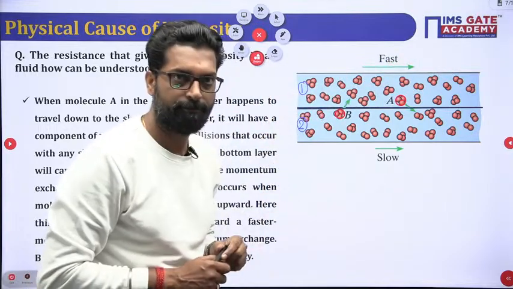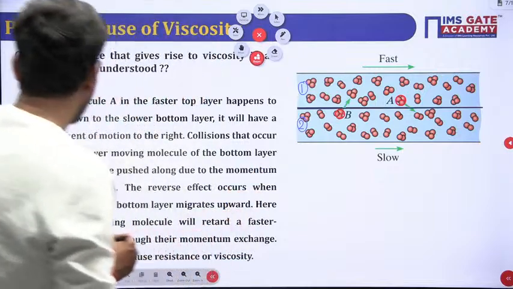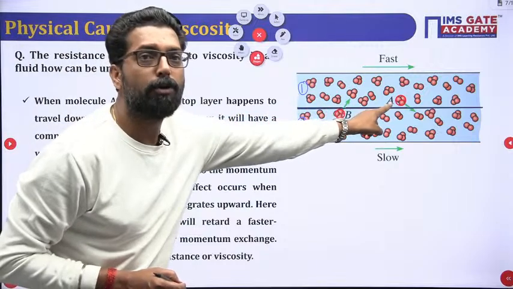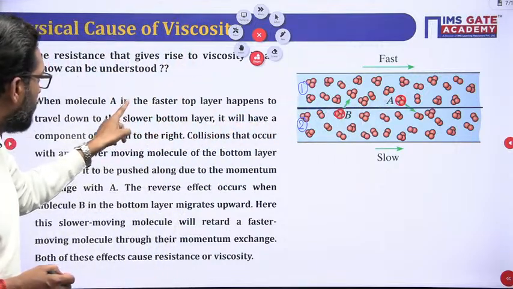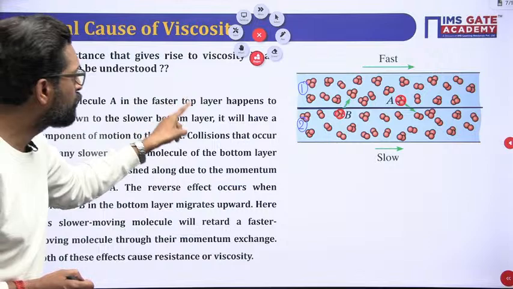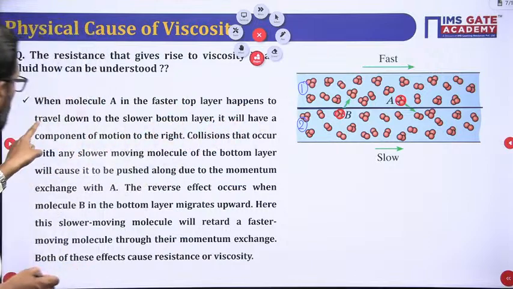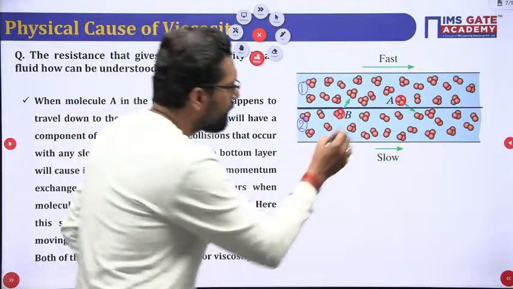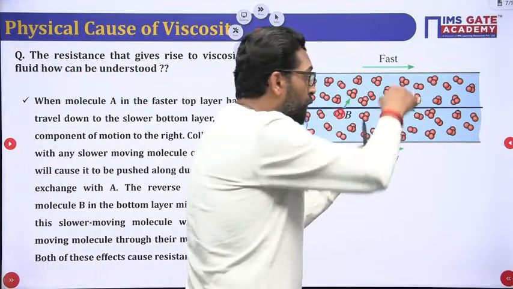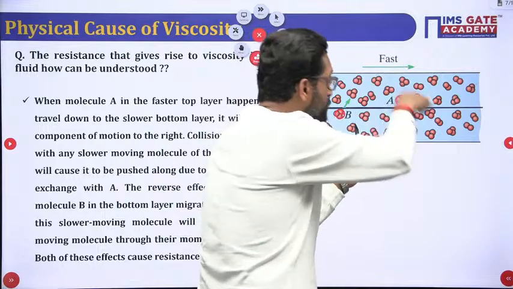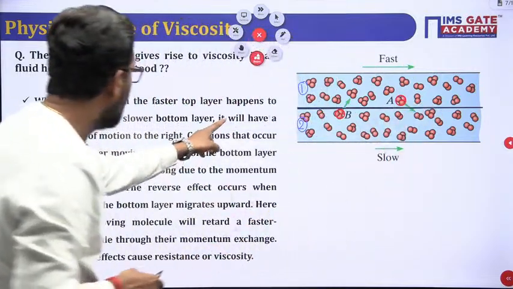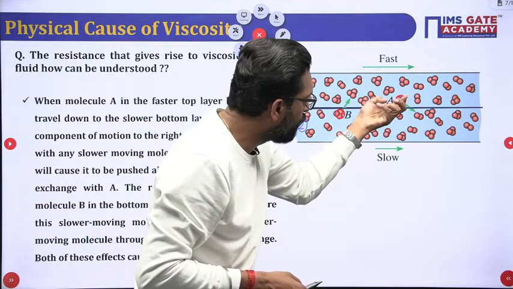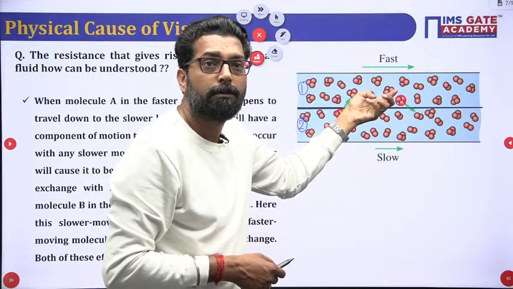What happened? When the molecule A in the faster top layer happens to travel down to the bottom layer, that means this fast layer tries to move down into the slow layer. Why? Because these molecules try to slow down those molecules.